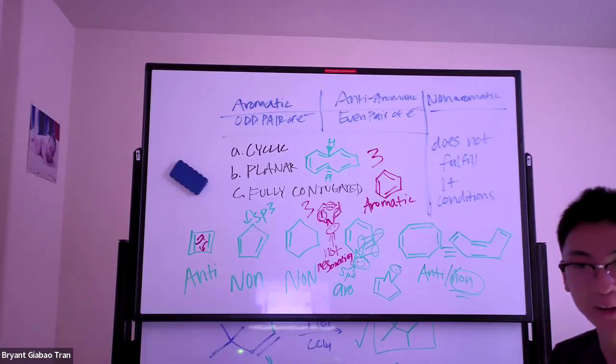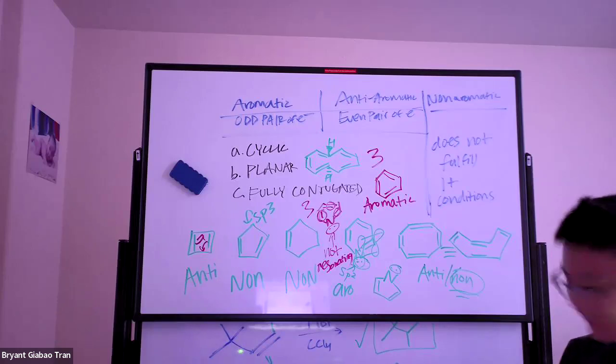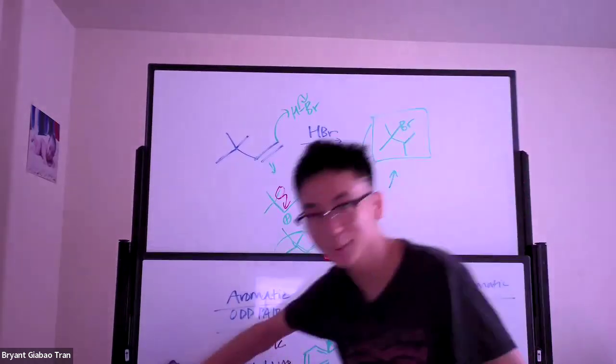Yeah, and also a positive charge on the structure doesn't count as anything, right? Yeah, the positive charge on the structure does not count as a pair of electrons, but a pair of electrons with a negative charge will count, right? So let's say we have this example right here. That's a good point.